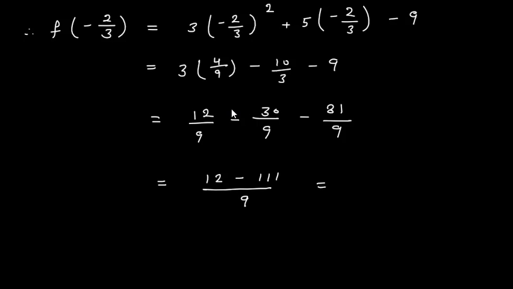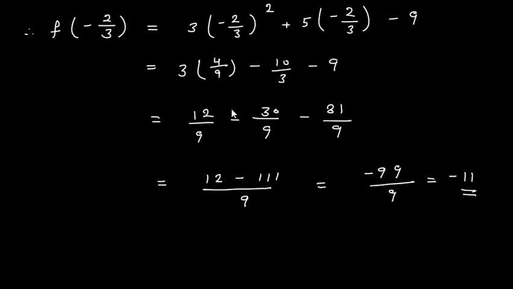This is equal to 11 minus 2 9 and 10 minus 1 is 9, 99 upon, so this is minus 99 upon 9. So this is equal to minus 11. Okay, is it right? 12 minus this is 111, and 111 minus 99 plus 11.